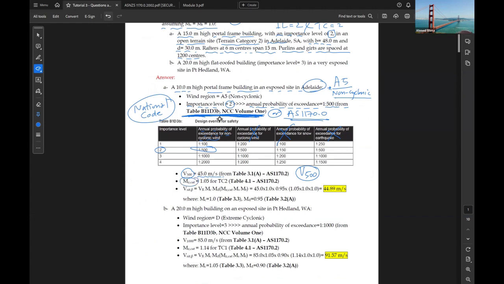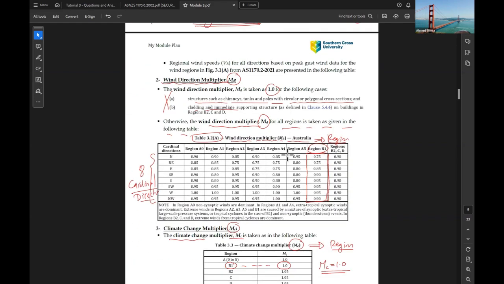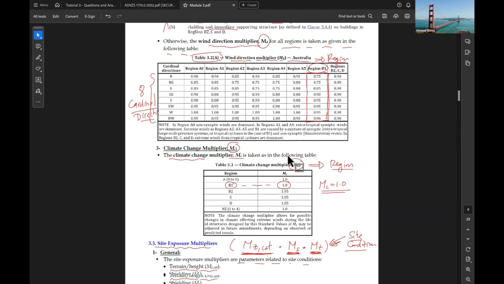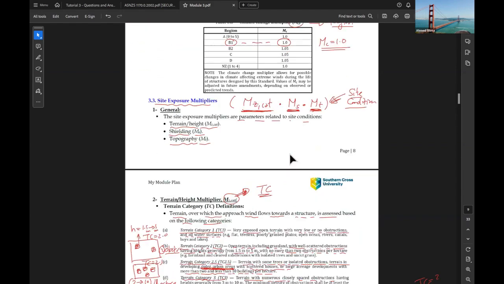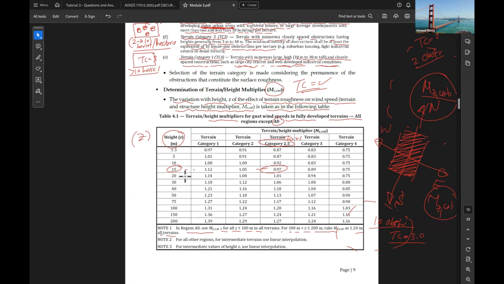What is mzcat? So if we go to the standard here, so here mzcat, how much is the building height? 10 meter. What is the terrain category? 2.